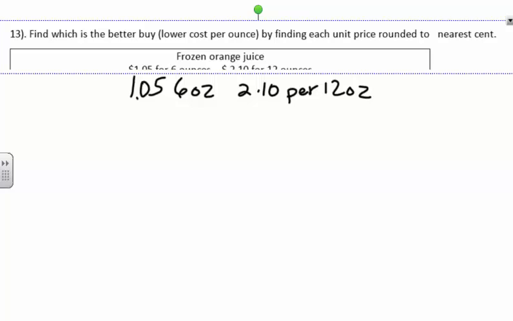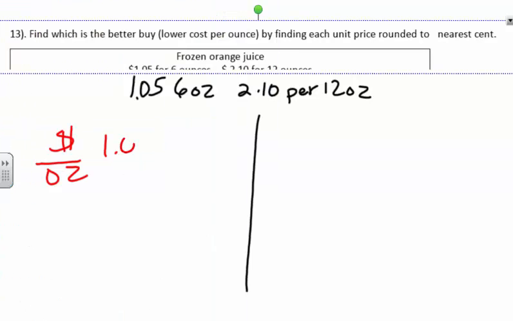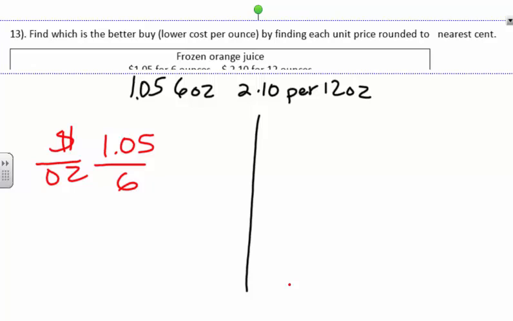So to go with the first one, we're going to compare, again, dollars and ounces. So we have $1.05 divided by 6. And that gives us 18 cents per ounce once we do what we've done the entire video.